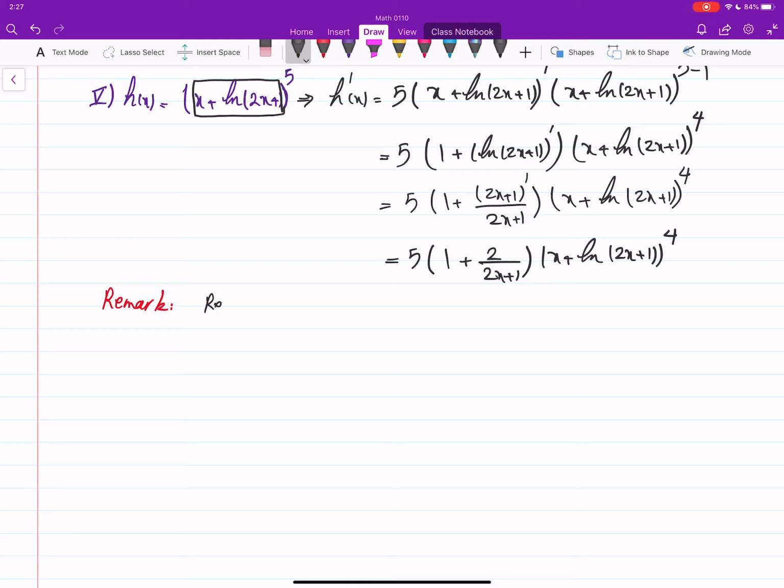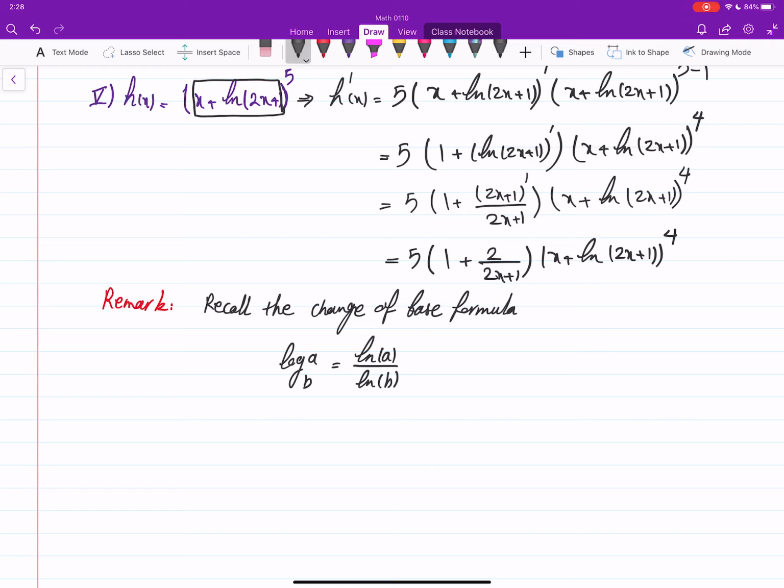Recall the change of base formula. It says for any base b, log of a base b is equal to ln of a over ln of b.